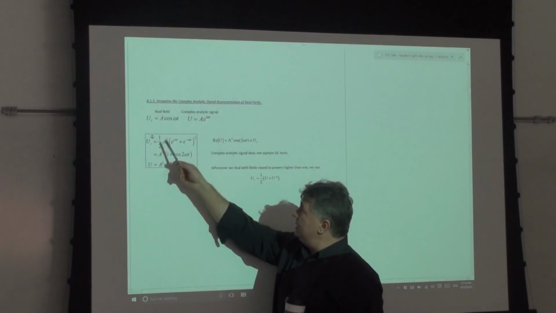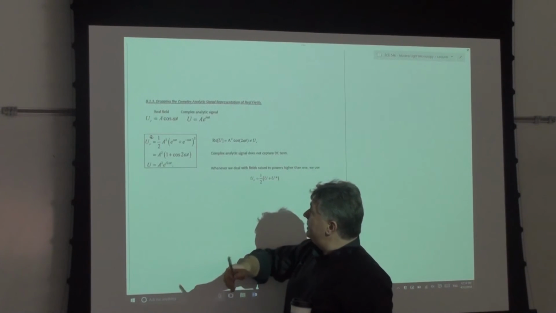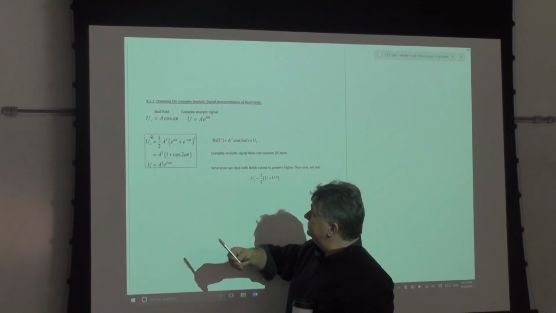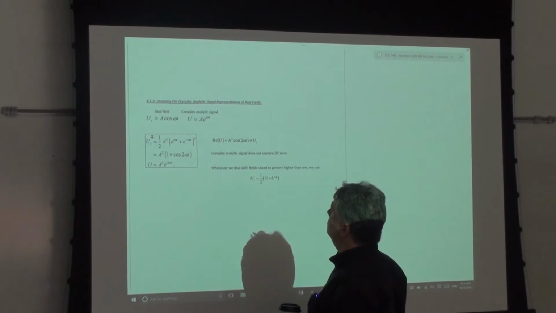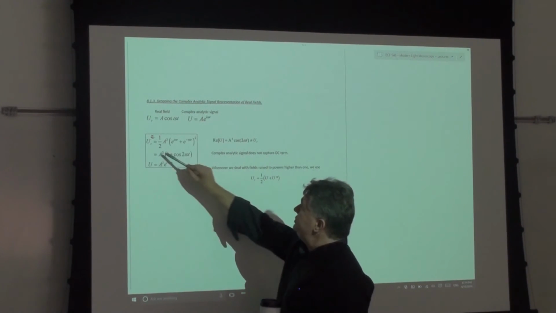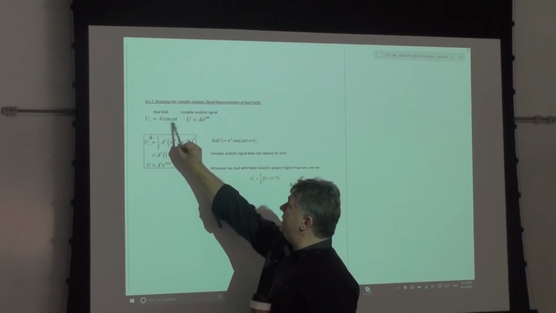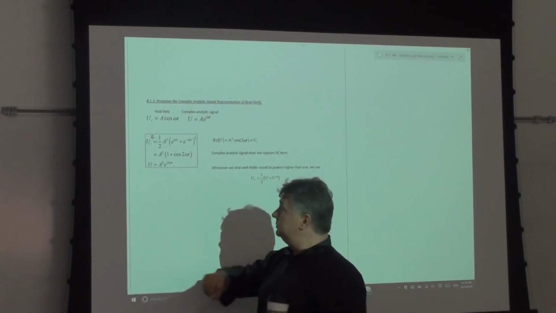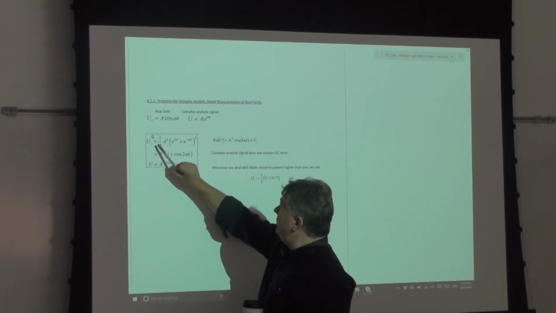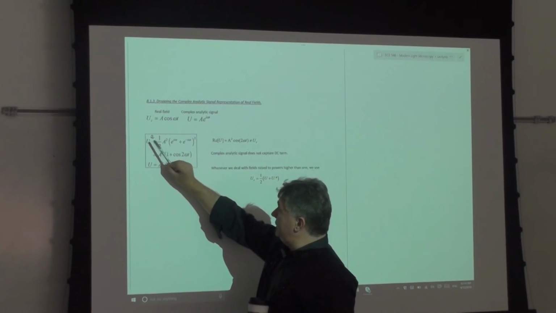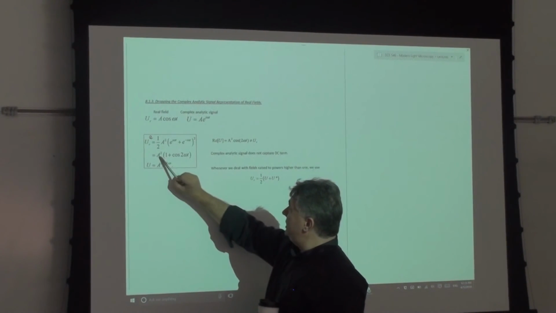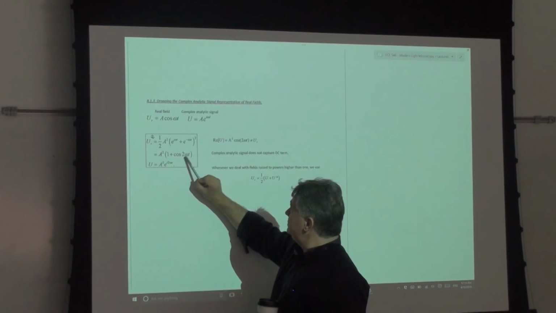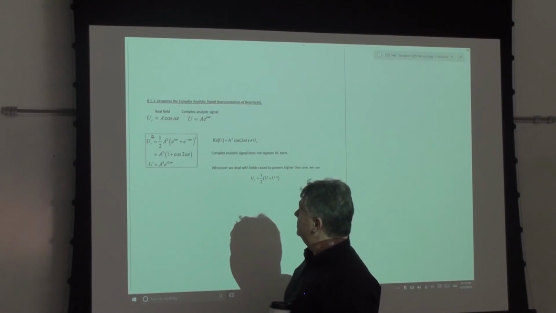So for example, my original real signal is A cosine of omega t, let's say. If I want to take the square of that, I can write it like this. It becomes amplitude squared times 1 plus 2 cosine of omega t. Okay?